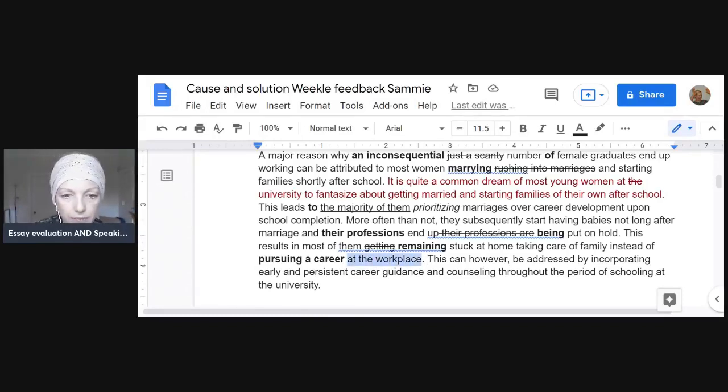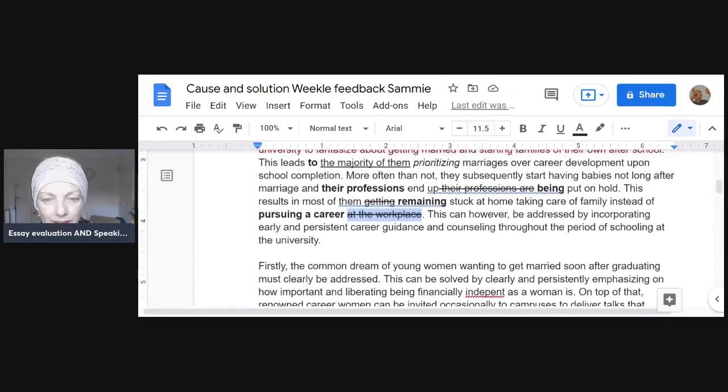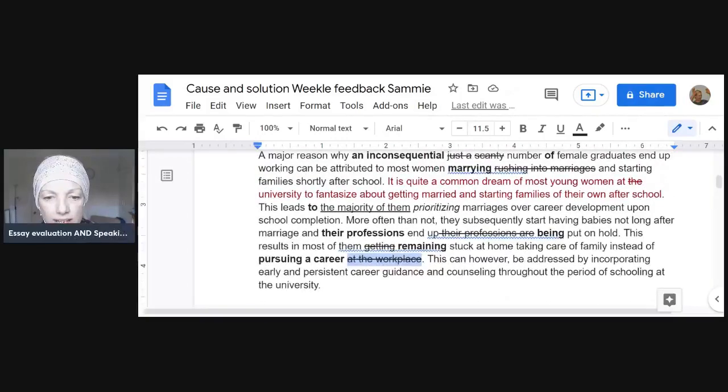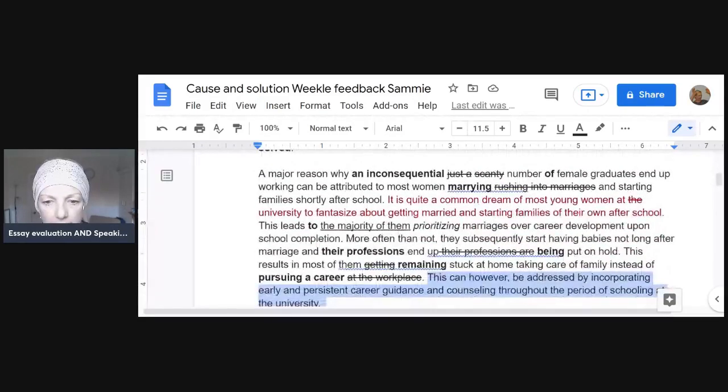Okay, so now what she has done is she's written one sentence of a solution, but I understand that this paragraph is about the causes. So why? Why is this? It's because they have babies.